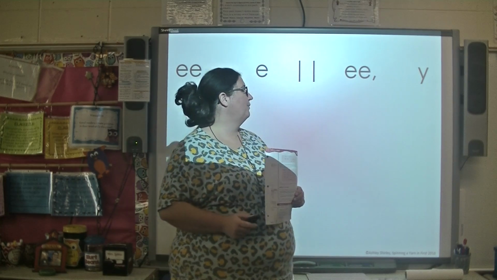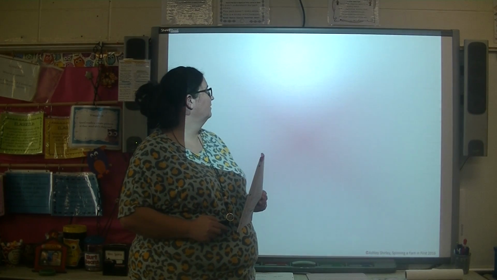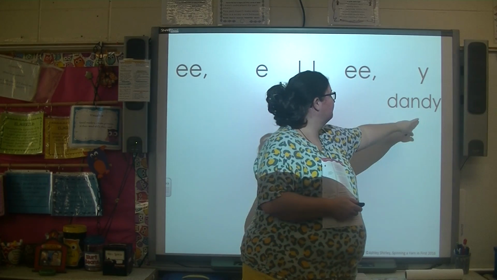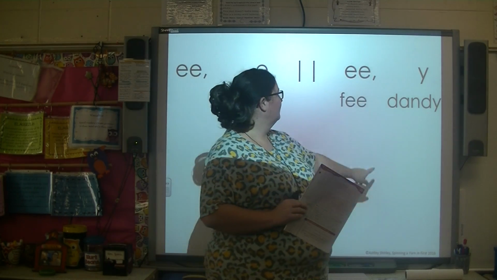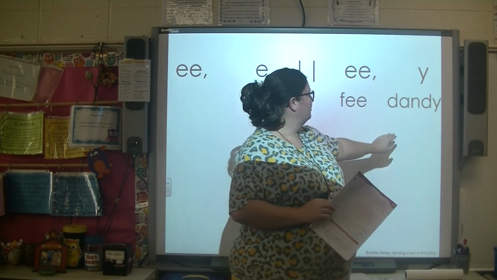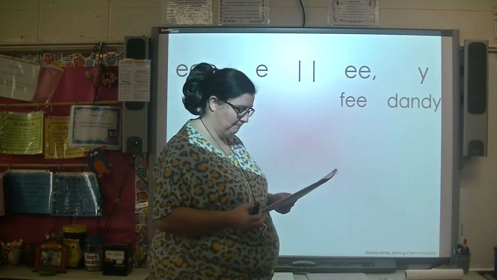We're going to spell it Y. All right, so dandy and fee. So one-syllable words you spell with E-E at the end. Two-syllable words you're going to spell it with Y at the end.